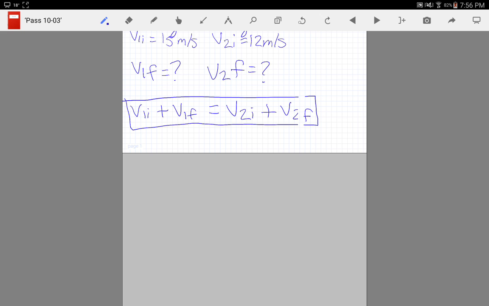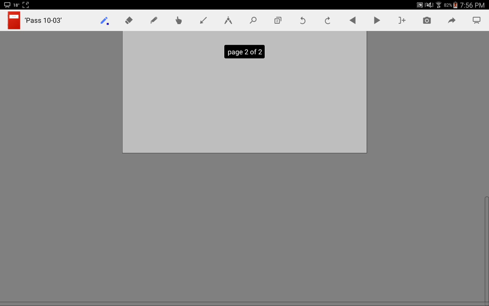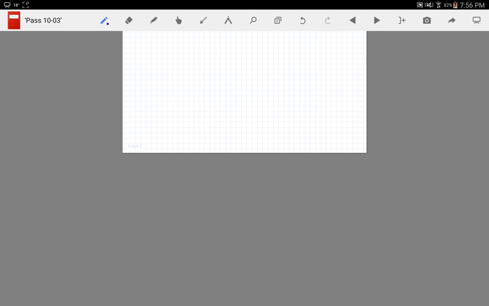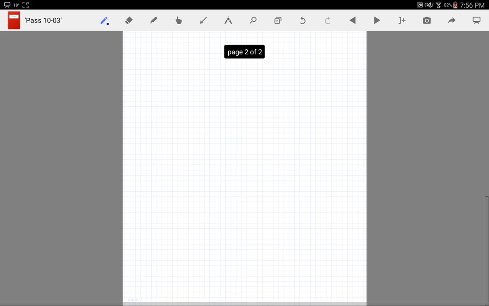Yes. There's two unknowns. So, like we've done with some other equations, you are going to plug in the knowns, yes, plugging in and manipulating.